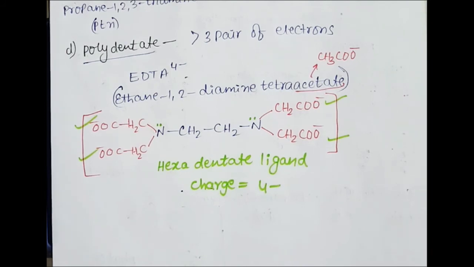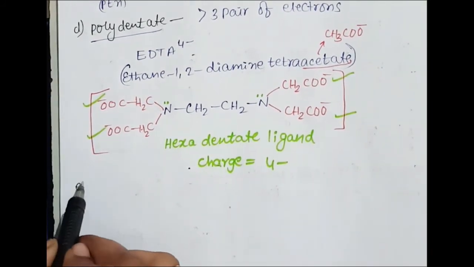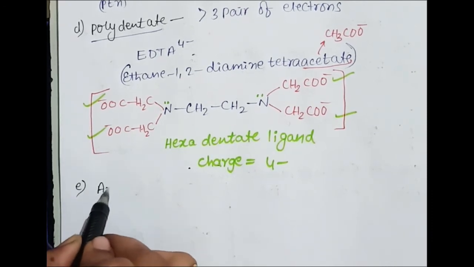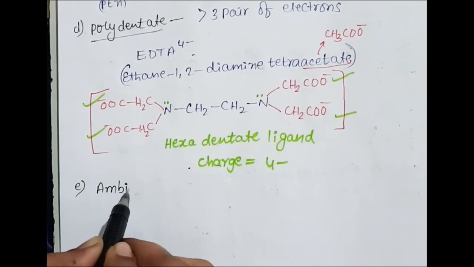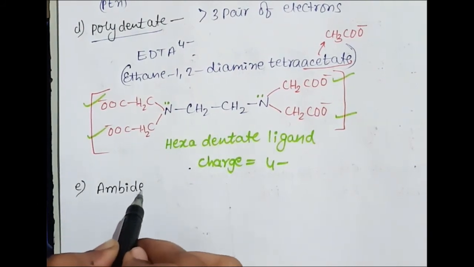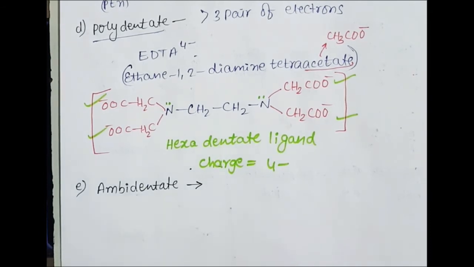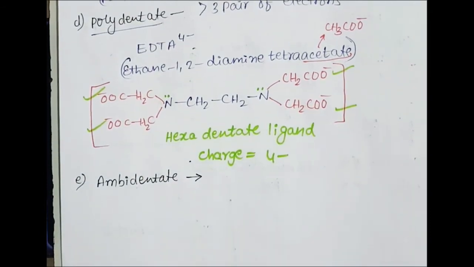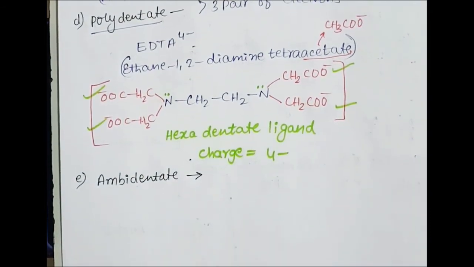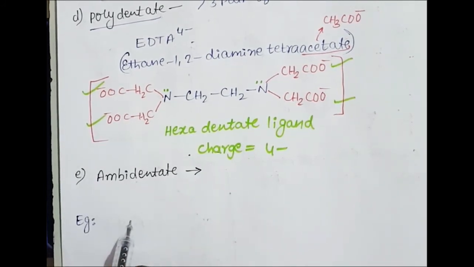It is about polydentate ligand. Now, the next word we use in this chapter is ambidentate ligand. So these are the different kinds of words which we are going to use in this chapter. Before I give you the definition of ambidentate ligand, let me give you an example. Example, it is NO2 minus.